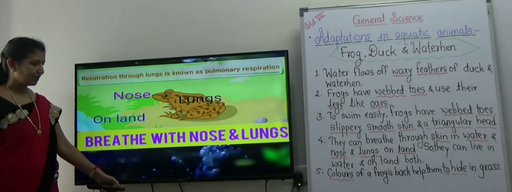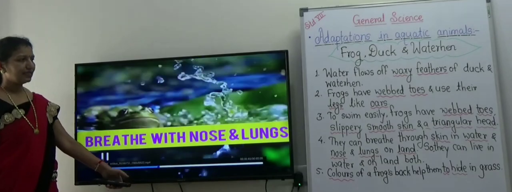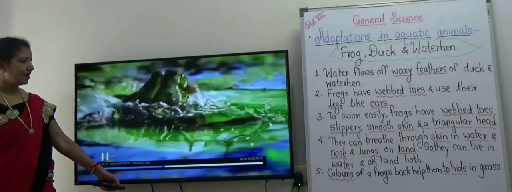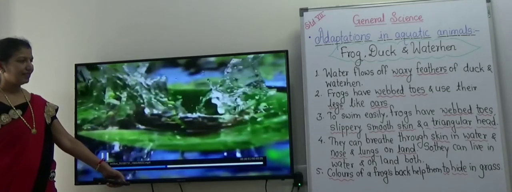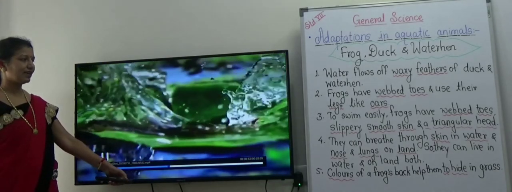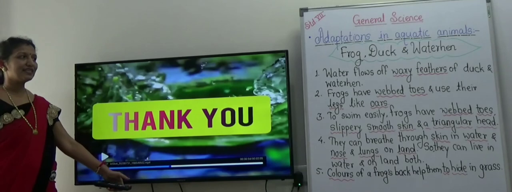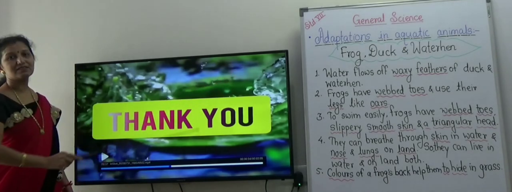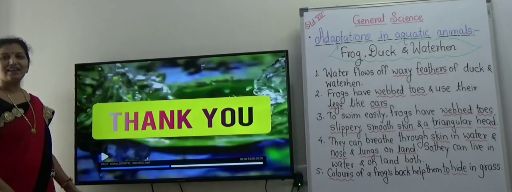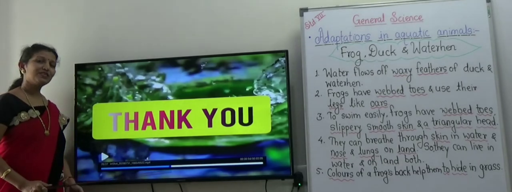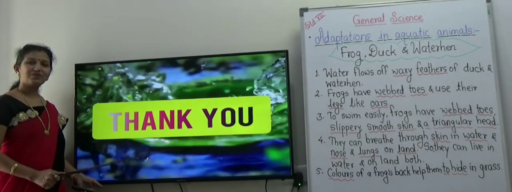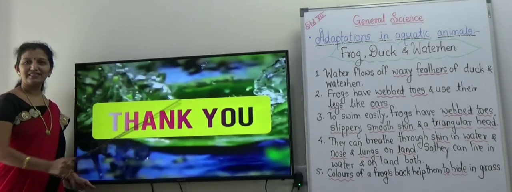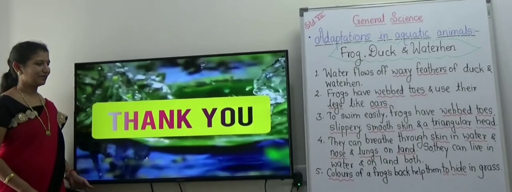In this way, we have studied their different types of respiration. See how they move in water. We have studied different adaptations present in water hen, duck as well as frog. Now the concept must be clear to you because we have demonstrated it with the help of audio visual technique. Thank you.